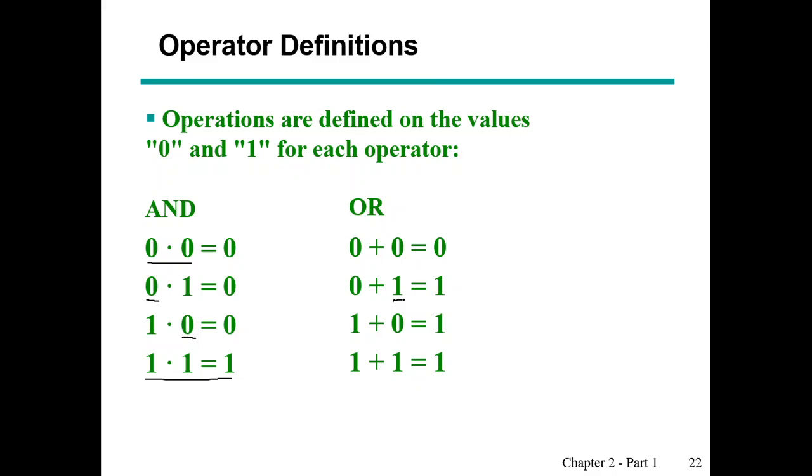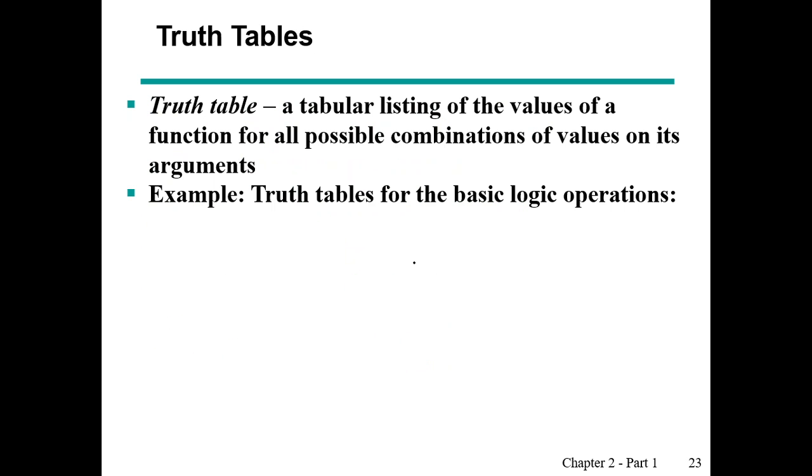So here this one is 1, so it drives the output to 1. Here this one is 1, so output is 1. Here both are 1, so output is 1. The output is 0 only if both the inputs are 0. Okay, and not is easy. The not of 0 is 1 and the not of 1 is 0. This is simply inversion. You flip the bits, make 1 a 0 or 0 a 1. That is what the not operation is.